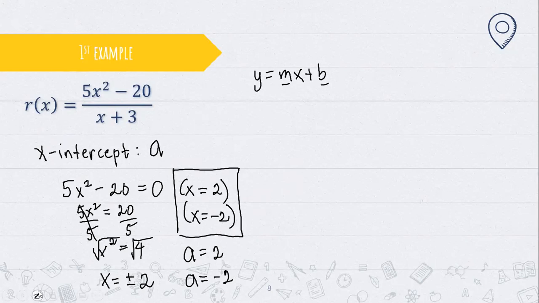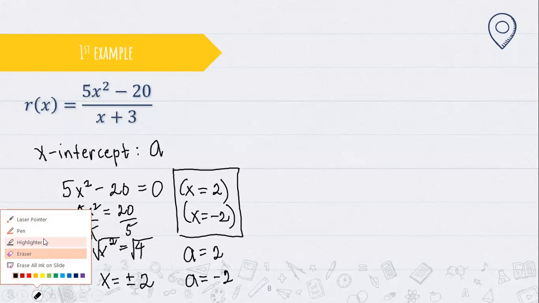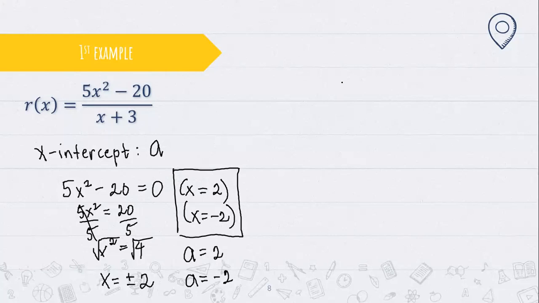Ginagamit na talaga si A and B for x-intercept and y-intercept respectively, kahit noon pa. Pag sinabi nating x, baka isipin natin, x yung isa-substitute doon sa r. Nakakalito. So, to indicate that the given value is x-intercept or y-intercept, we should use A and B na lang.